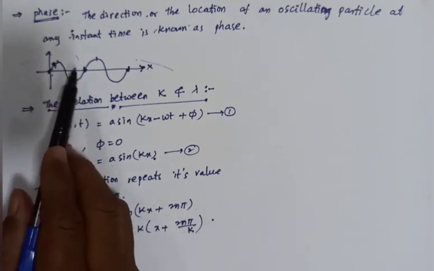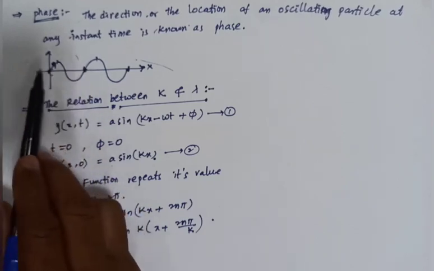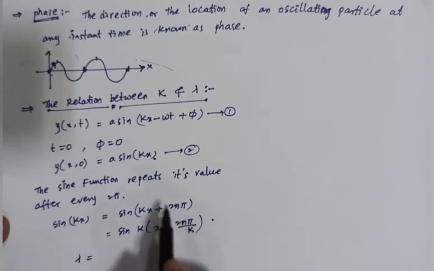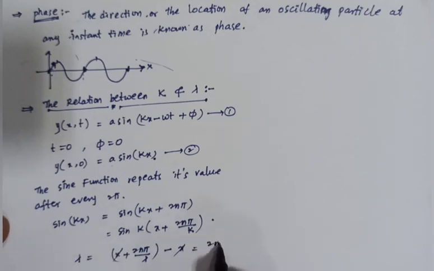What is the distance between two successive points in the same phase? It is called the wavelength, lambda. The distance is x plus 2n pi by k minus x, so x gets cancelled, and it equals 2n pi by k.